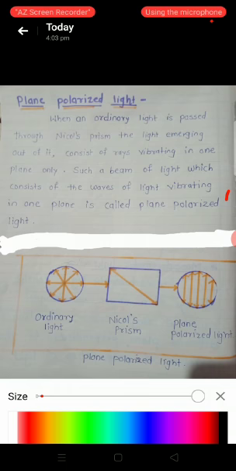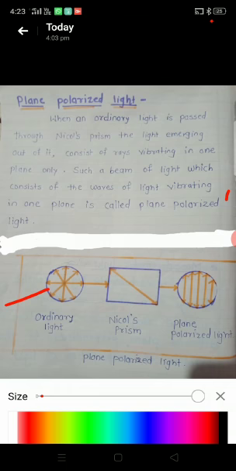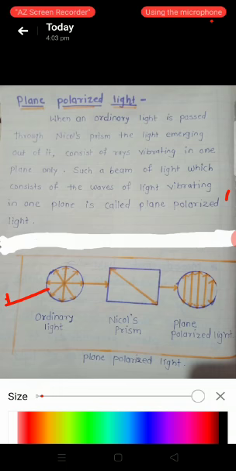Dear student, see here, this is the ordinary light. Ordinary light means whose rays consist of different wavelength vibrating in all possible planes. When such ordinary light is passed through Nichols prism, a combination of two prisms fused base to base by Canada balsam, which is made from calcite crystal, that is CaCO3.